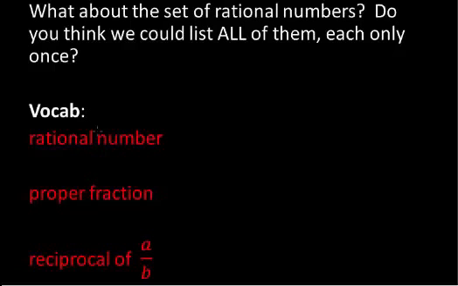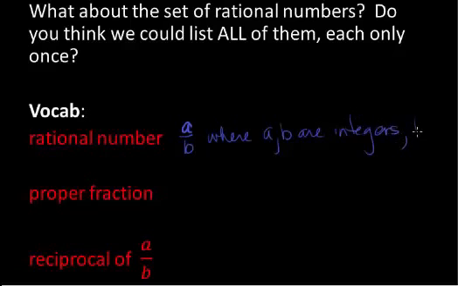Before we start, we need to make sure that you understand these words. A rational number. A rational number is a fraction a over b, where a and b are integers. And of course the denominator can't be 0, so I'll put b not 0.